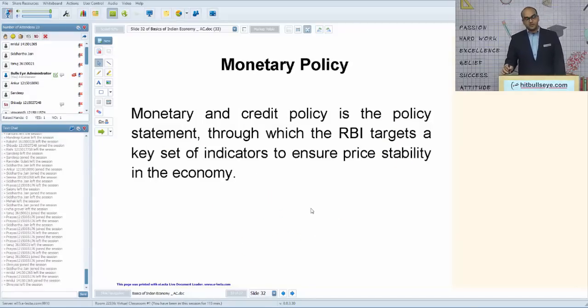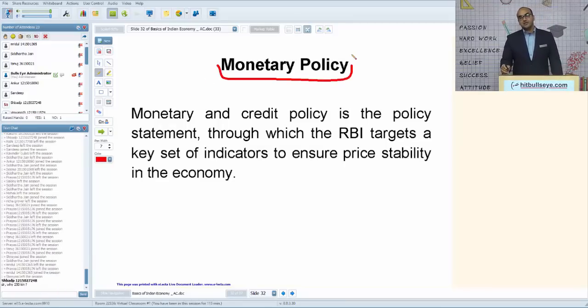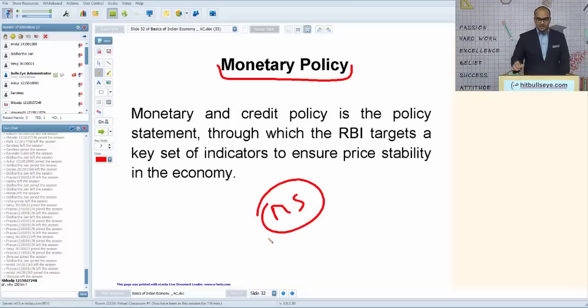So very briefly, we'll talk about what monetary policy is all about. This will be covered in detail in the lecture related to the banking sector. So monetary policy is a policy that the RBI makes to control the money supply in the economy. Money supply is nothing but the money that is circulating in the economy.